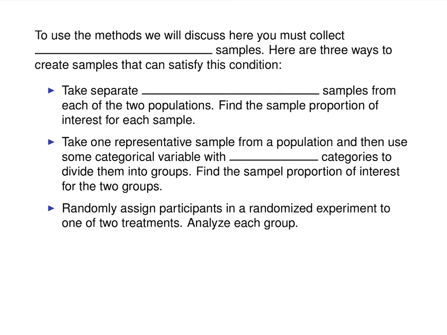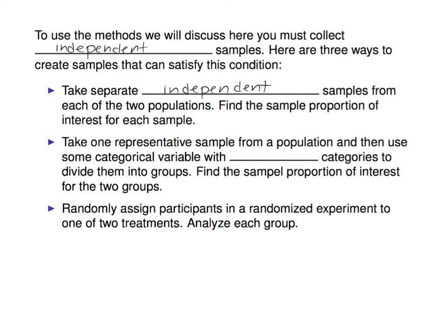So to use the methods we will discuss here, you must collect independent samples. One thing you can do is take separate independent samples from each of the two populations. Try to make sure that there aren't people that are coupled in any way, and then find the sample proportion of interest for each sample.